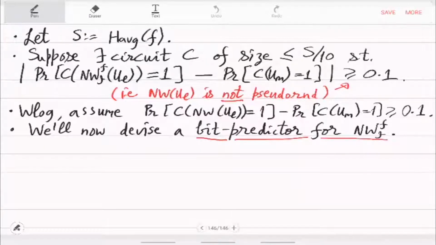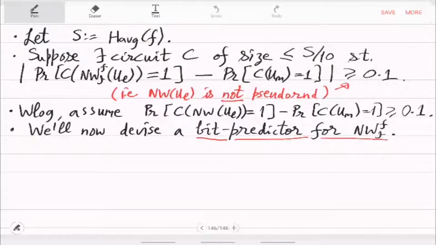So, this difference in the probability is more than 0.1, let us assume, and without loss of generality we can assume the difference is positive. So, the probability difference is at least 0.1, and let us now devise a bit predictor.